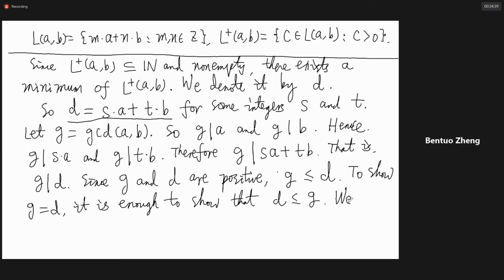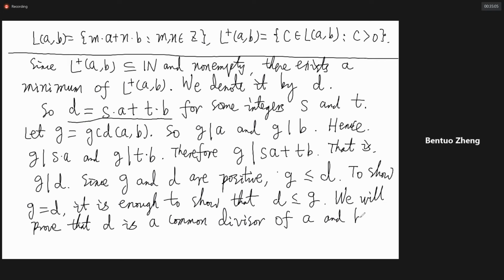We'll prove that D is a common divisor of A and B. Remember, we proved the theorem last time.